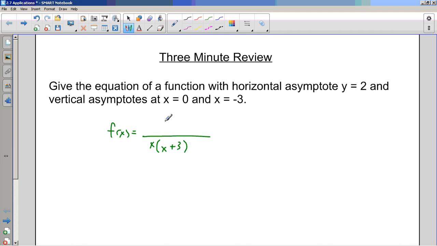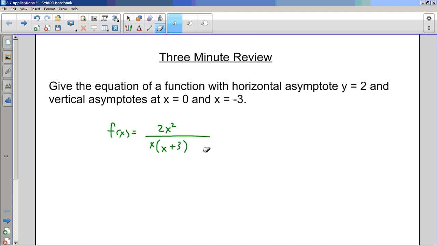Well, that means the top has to have the same degree as the bottom. This is degree 2 on the bottom, so it has to be degree 2 on the top. But then to get y equals 2, we have to pick off the leading coefficients, and they have to divide to be 2. So it would be 2 over 1, or we'd leave that alone and not even write that in there at all, and that would work.